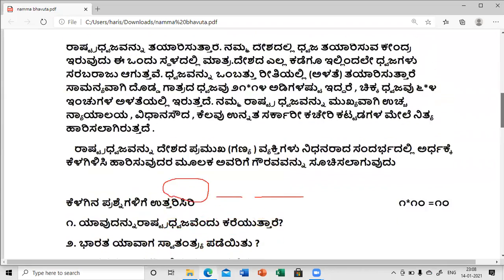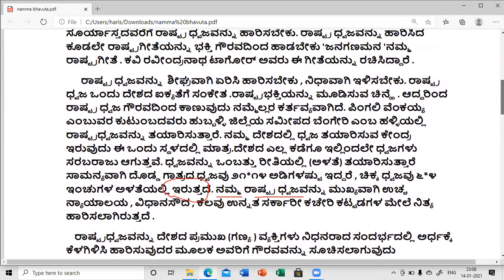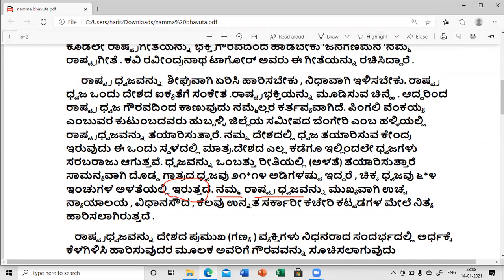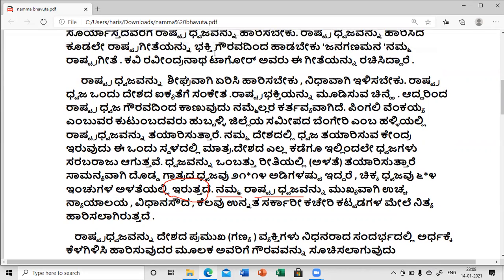Got it? So we will have to see ardhakke ilisuvadu. So we will have to locate or scan for these particular words. Once you get this word, especially ardhakke or ilisalaguvudu or ilisuvadu, in the same sentence you would get the answer for sure.